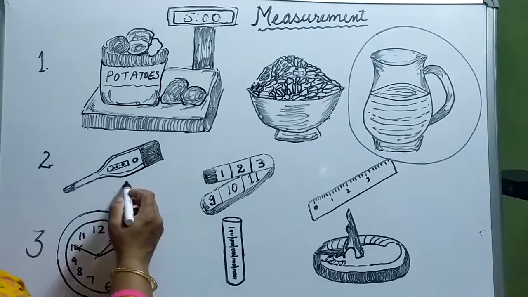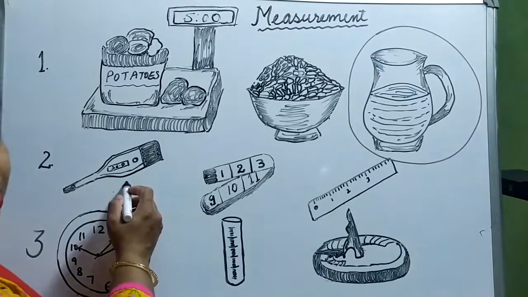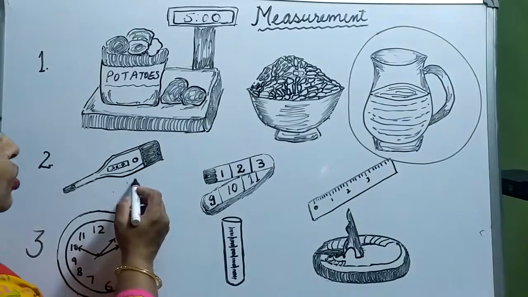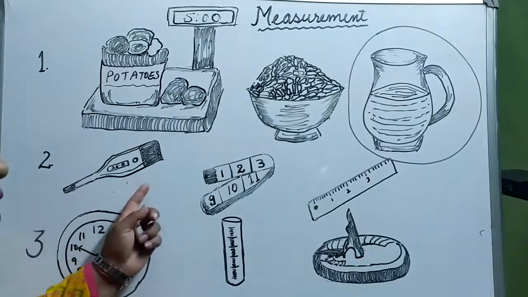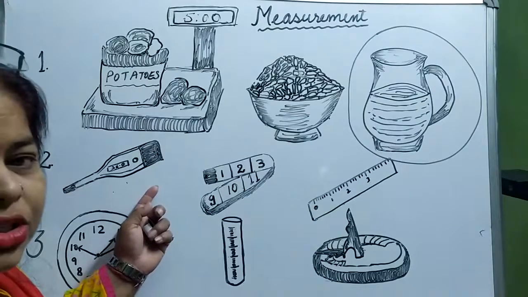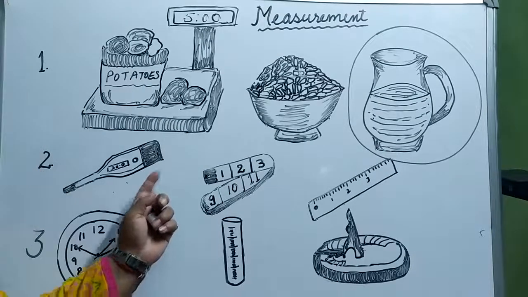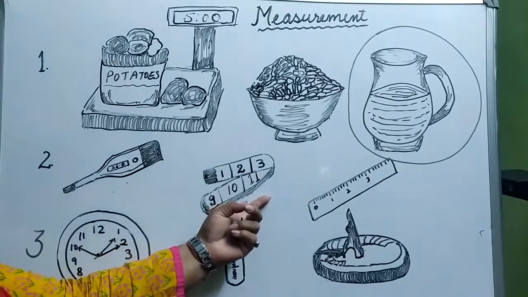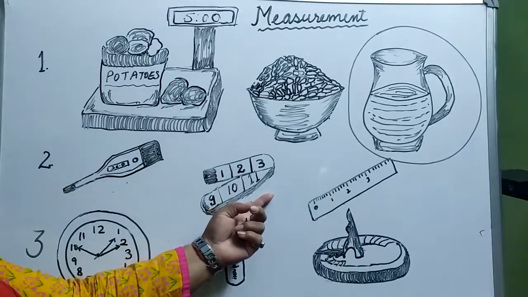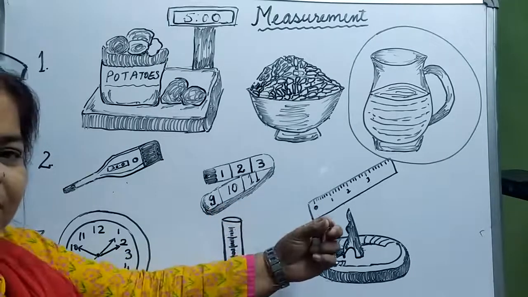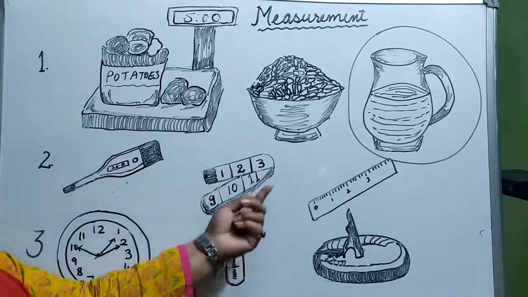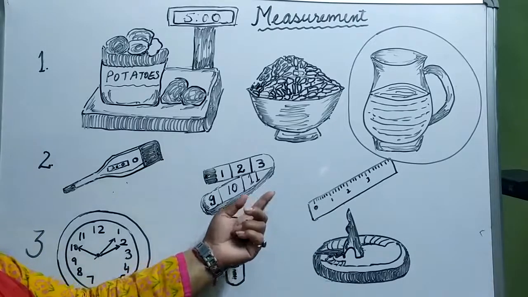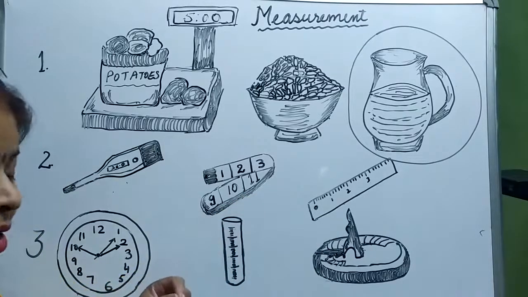For what is the digital thermometer being used? It is used to measure heat or the temperature of the body. What about this measuring tape? For what is it being used? To measure length, to measure big lengths. Like you might have seen the tailor.